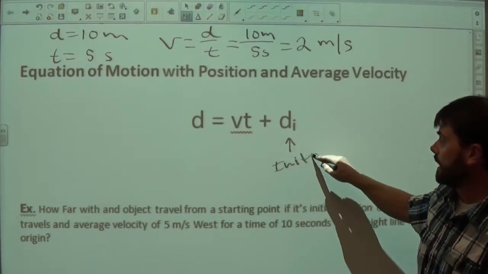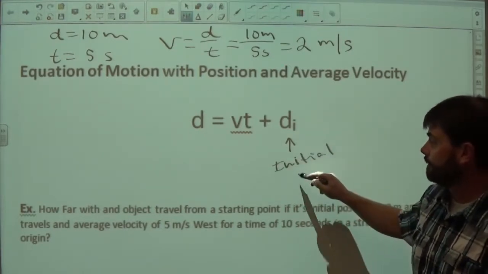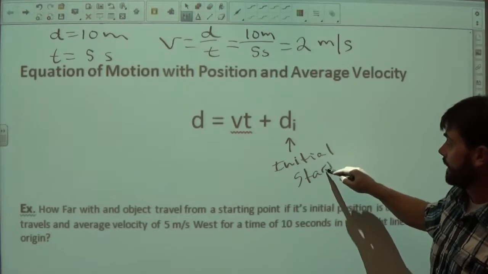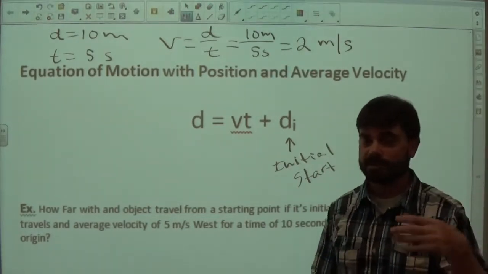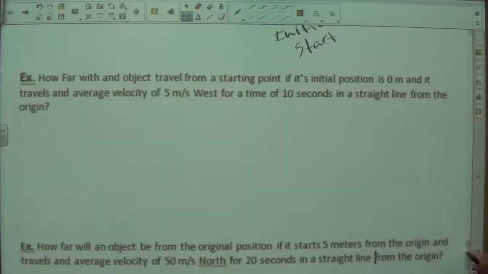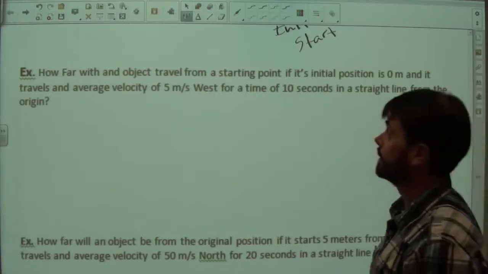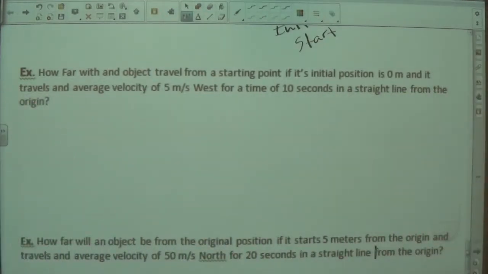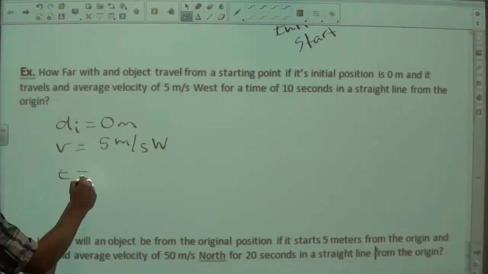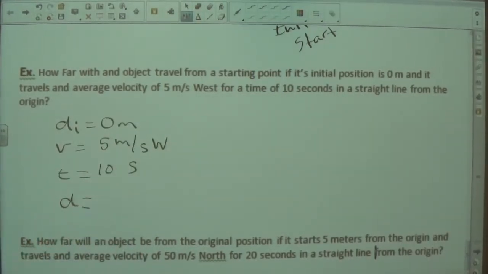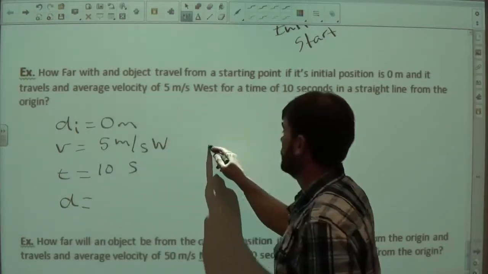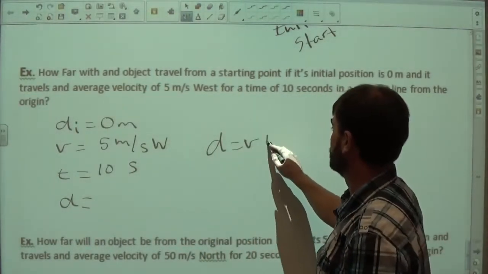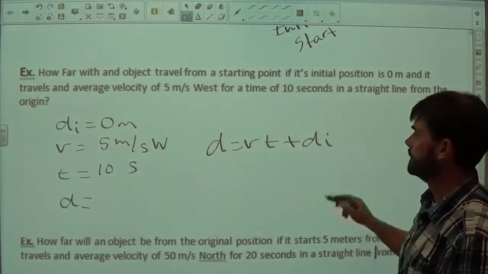So you can think of this as a start point. Thinking again of frames of reference, if we're considering a person or an object. So the first example says how far will an object travel from a starting point if its initial position is the distance from the origin. Well, we know that distance is velocity multiplied by time plus the initial distance.